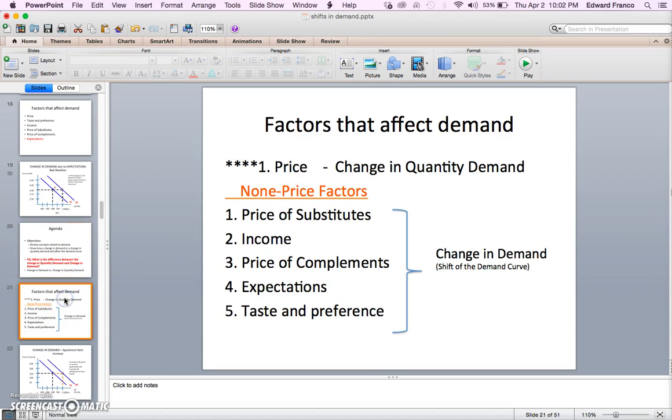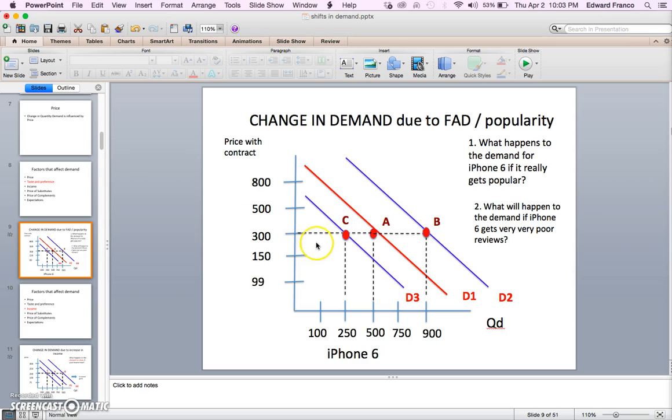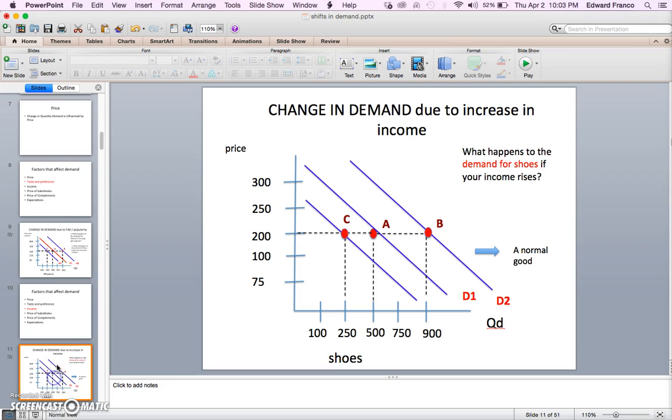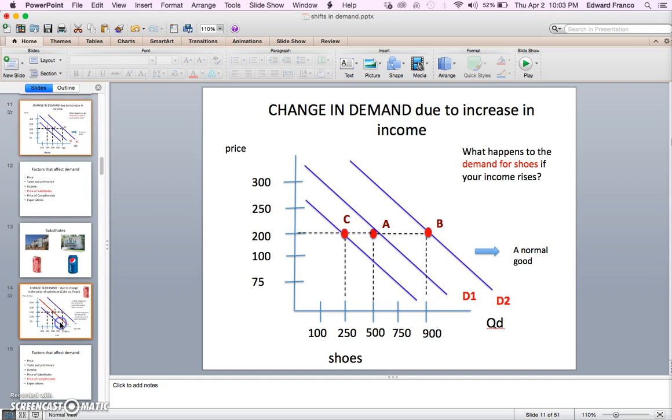to the right or to the left, and the change in demand can be an influence of any of the following: price of the substitute, the income, the price of complements, expectations, taste, and preference. So any of these things that shifts your demand curve to the right or to the left, that's what we call a change in demand.